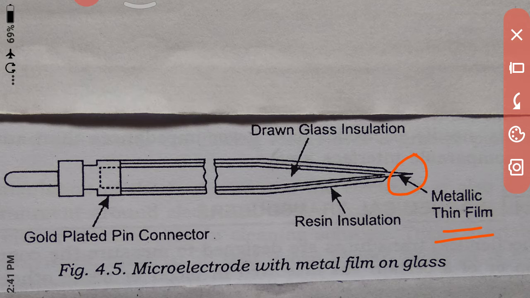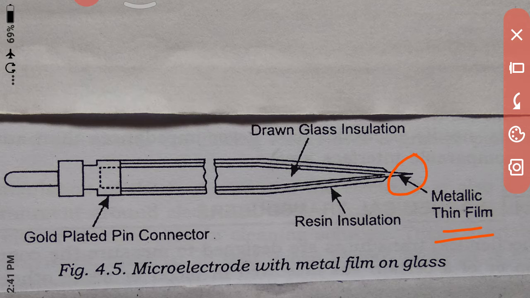Microelectrodes, in general, are of two types: metal microelectrode and micropipette microelectrode. Metal electrodes are constructed by electrolytic etching of the tip of a fine tungsten or stainless steel wire to the desired size.